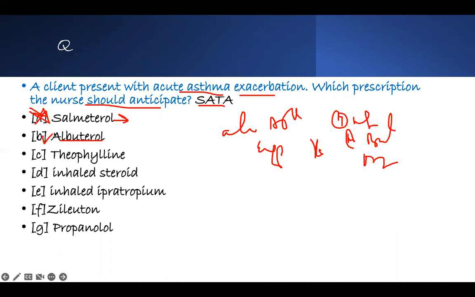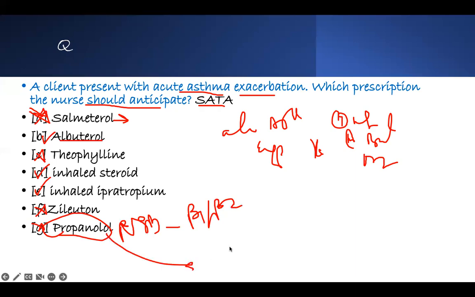Albuterol, yes. Theophylline, no, long term. Inhaled steroid, yes. Inhaled bronchodilator, yes. Salmeterol is long term, and propranolol, no way. It's a beta blocker, which is non-selective. So it blocks beta 1 and beta 2.